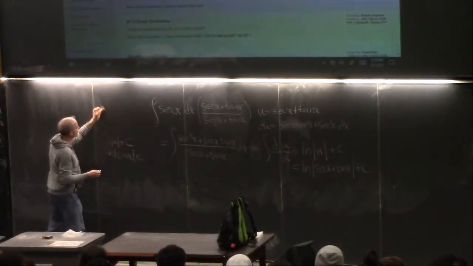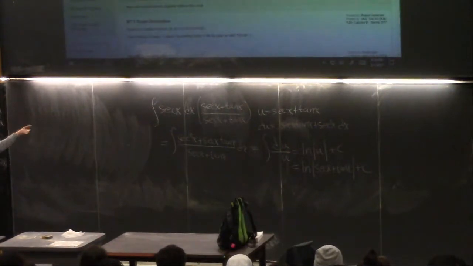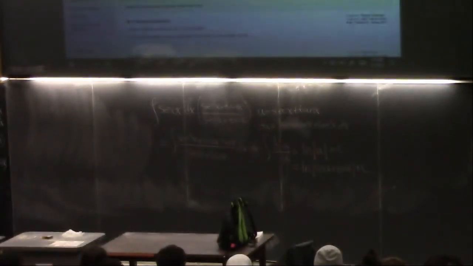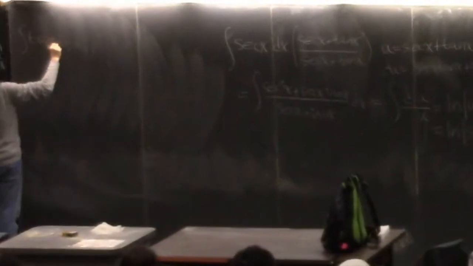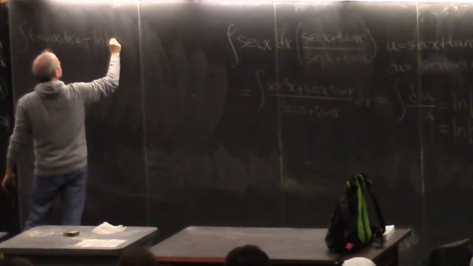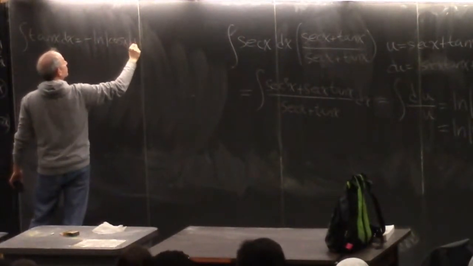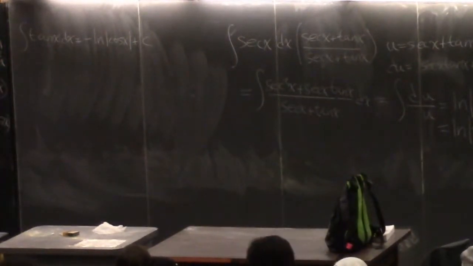And as I said, you should practice those. And you should practice doing cosecant. It's the same trick. You just multiply by cosecant x plus cotangent x over cosecant x plus cotangent x. So this is negative log cosine x plus a constant. A small number of books will write this as positive log of secant x.